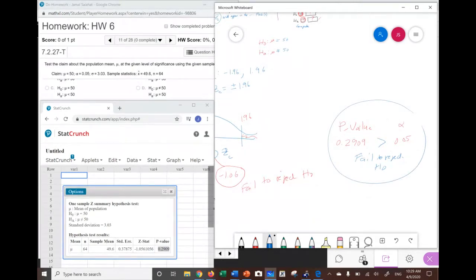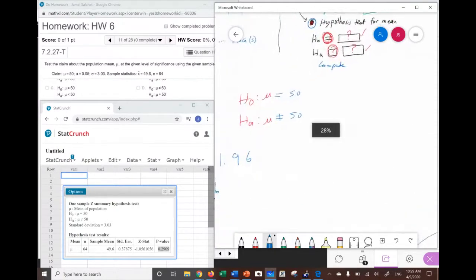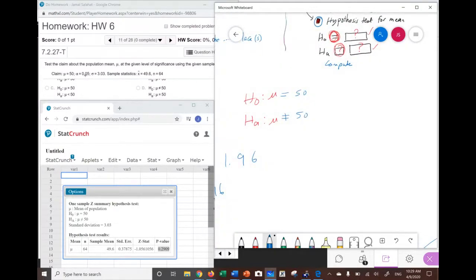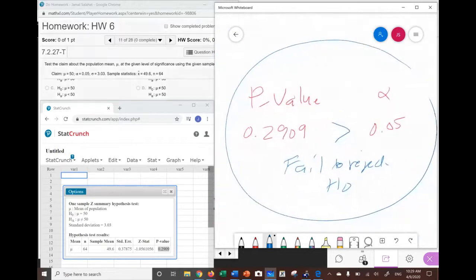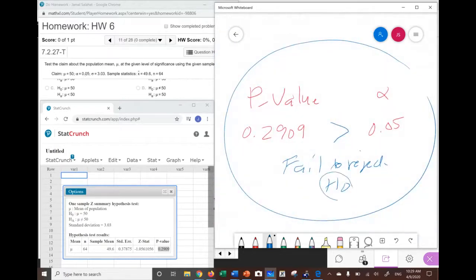Now, let's go back to our problem. This is our problem. Our problem says there is a claim. Notice that the claim is the mean. So this is the claim. The claim is the mean is equal to 50. And notice that our decision was fail to reject H naught. But H naught happened to be the claim.